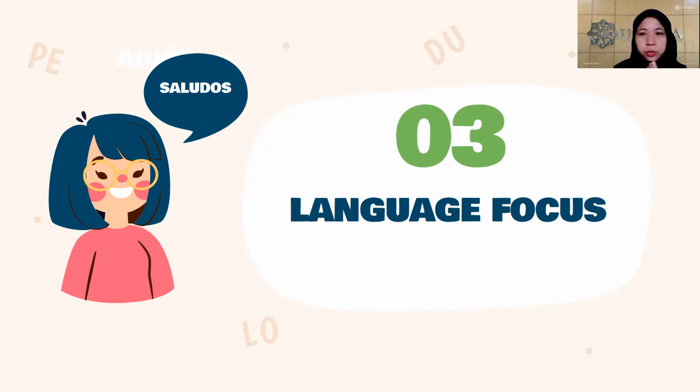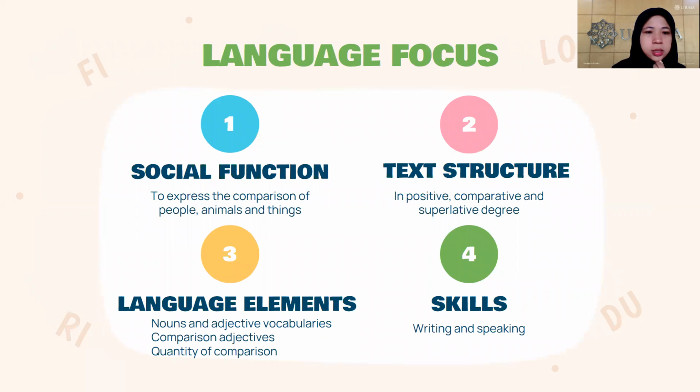And the language focus is about social function. The social function of degree of comparison is to express the comparison of people, animals, and things, and the text structure is the term of positive, comparative, and superlative degree.